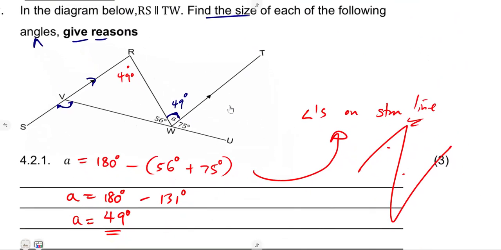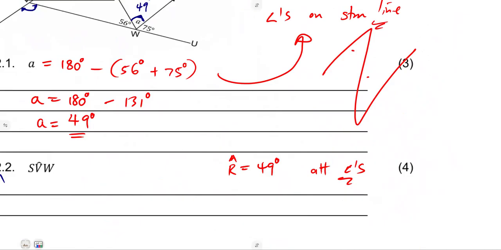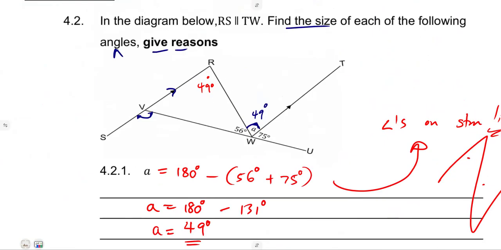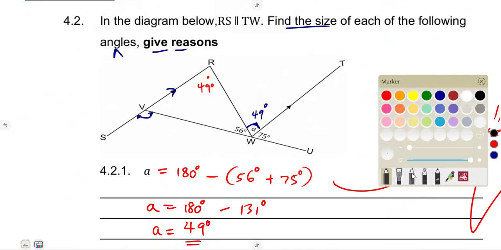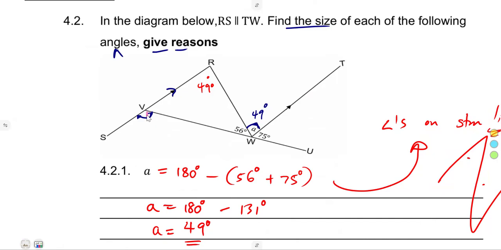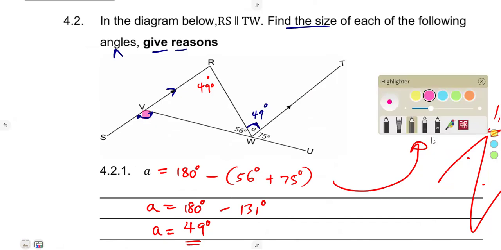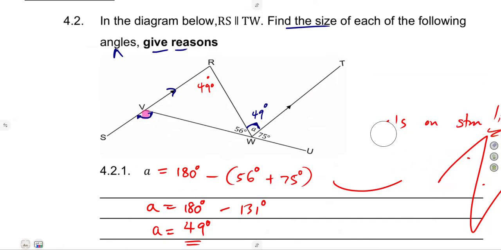RS is parallel to TW, right? So if this angle is 49 degrees, what about angle SVW? The exterior angle. We do understand that in any triangle, this exterior angle must be equivalent to what?